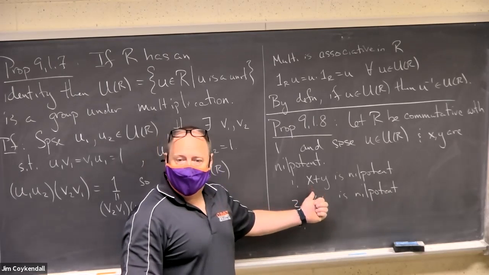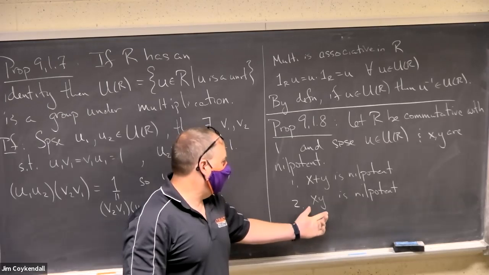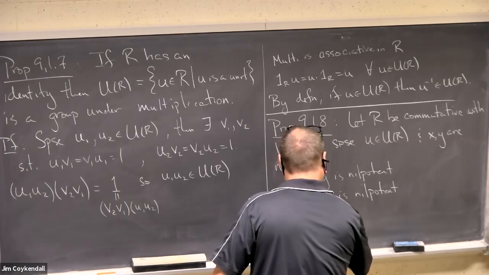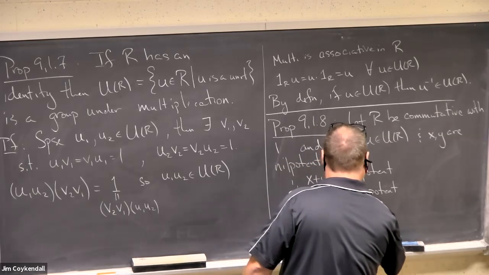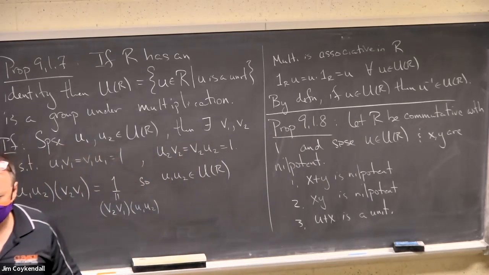So if there's a power of X that's 0 and a power of Y that's 0, there's a power of X plus Y that's 0. That's cool. XY is nilpotent, and 1 plus X is a unit. These are all homework exercises.